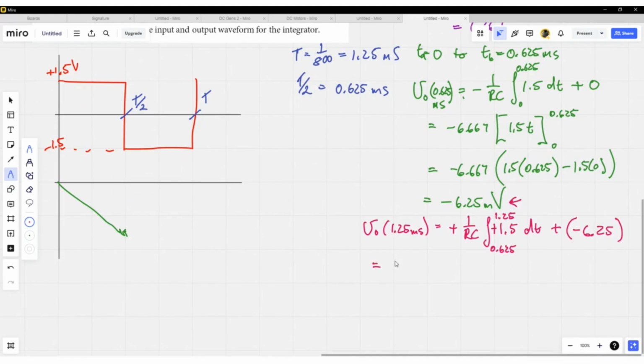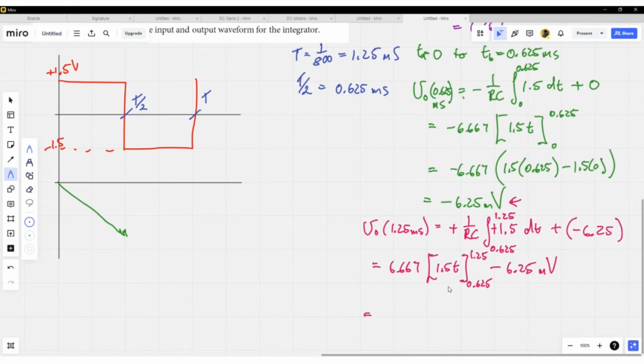Okay, so that's then going to give us 6.667 multiplied by 1.5 T, and 1.5 T sits between 0.625 and 1.25, and then minus 6.25 millivolts.